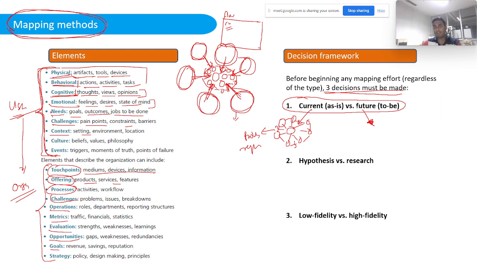And always avoid the inputs which are more like your desires, which are future, information that you want to achieve as part of a particular process or activity.